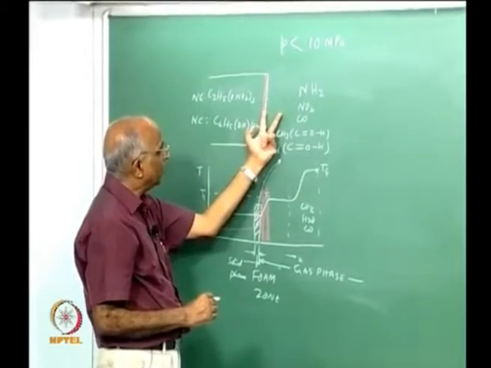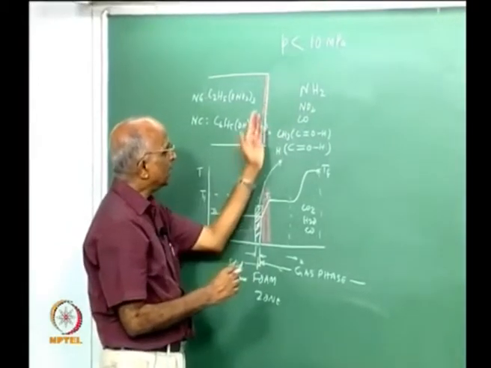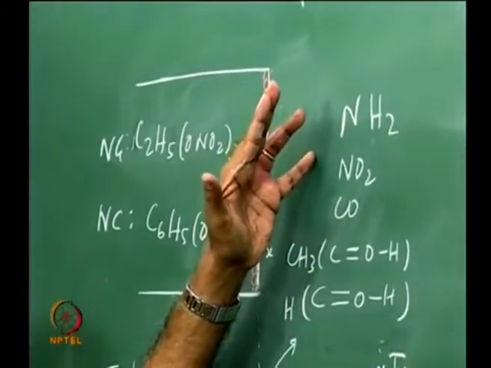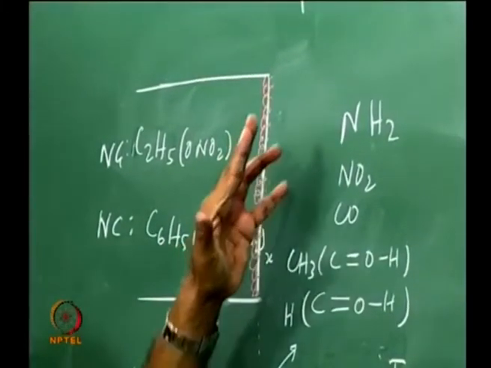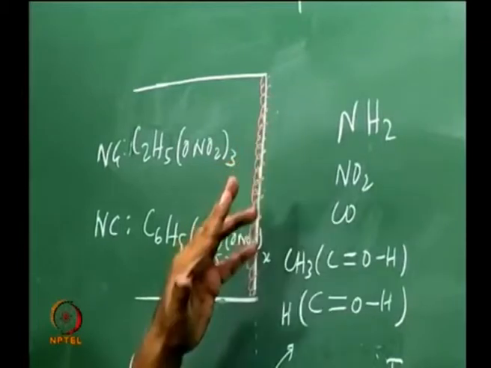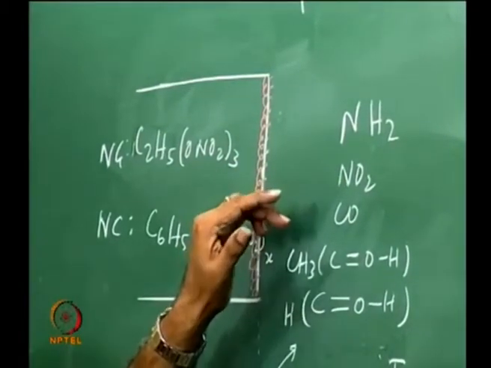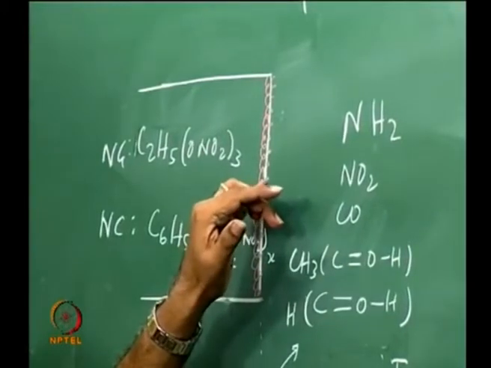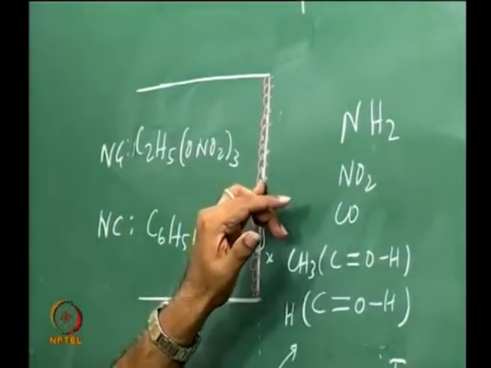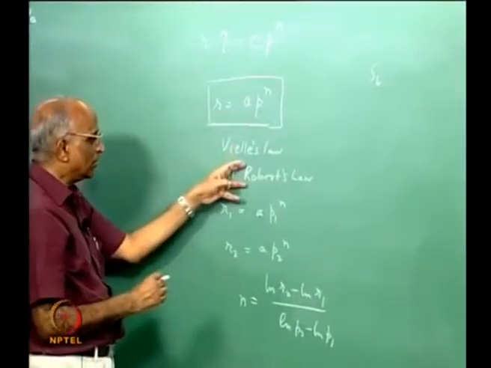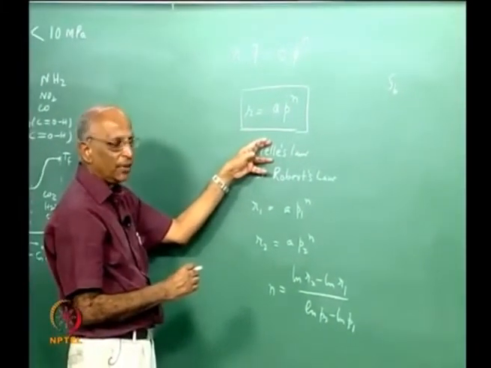We wrote an equation and we were able to say that the velocity of the gases in this zone depends on pressure, and the initial temperature, maybe Ti, T1, maybe the surface temperature, activation energy and all that. And since the velocity of gases is directly proportional to the burn rate R of the propellant, we said that the law is R is equal to aP^n, which is known as Saint-Robert's law or Vieille's law.